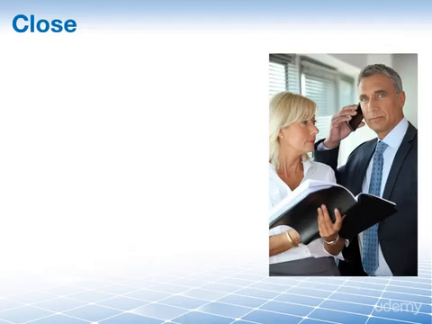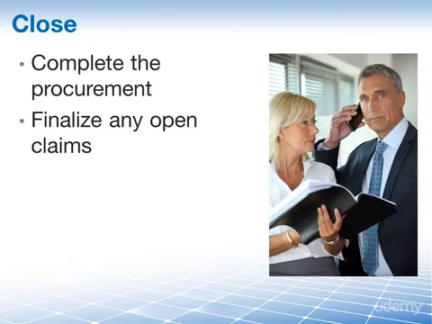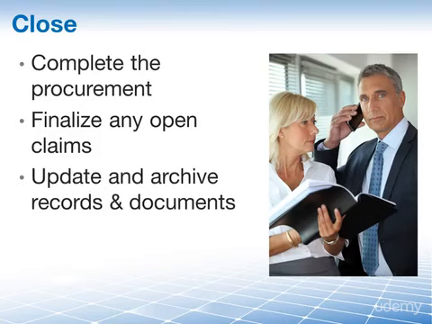And finally, as we close procurements, we complete the procurement, and by this we mean that we finalize any open claims. These could mean figuring out what goods and services have yet to be received. Perhaps you had to return some damaged merchandise and are expecting to be refunded a certain amount. We update and archive records and documents. Organizational policy may dictate that records have to be kept for a certain time.